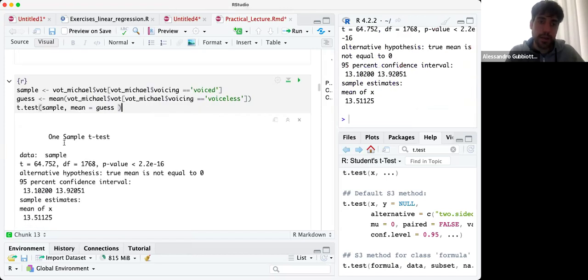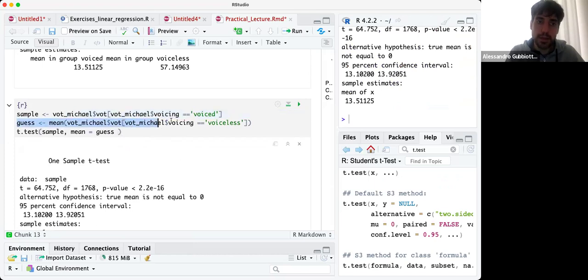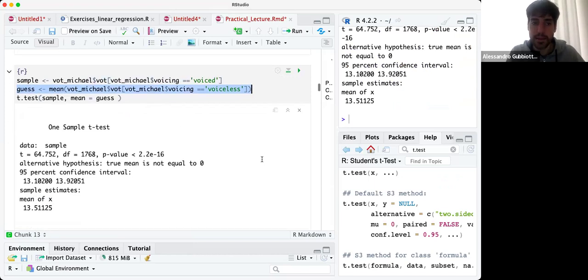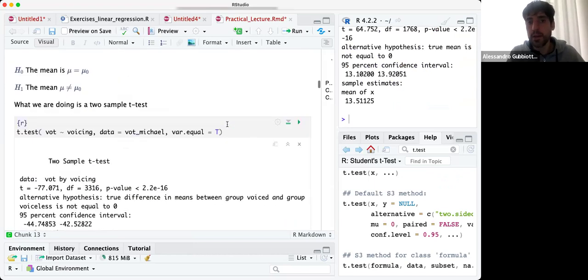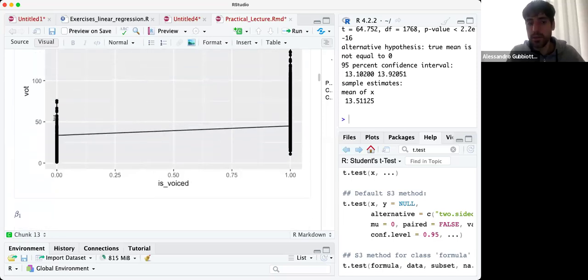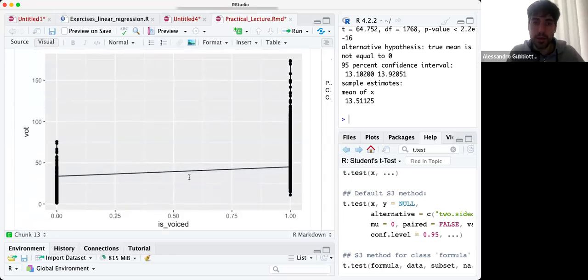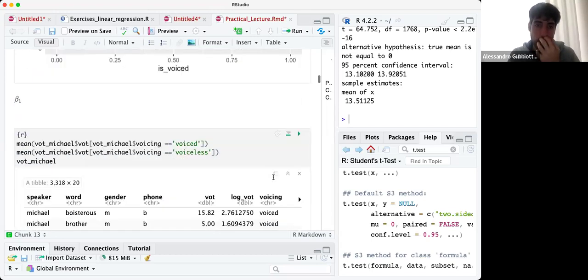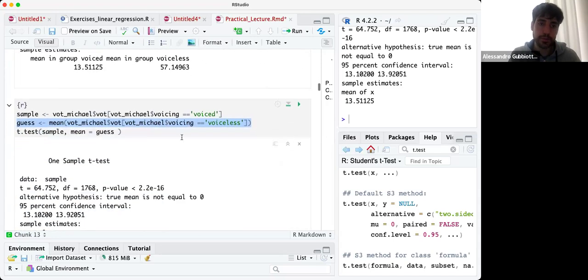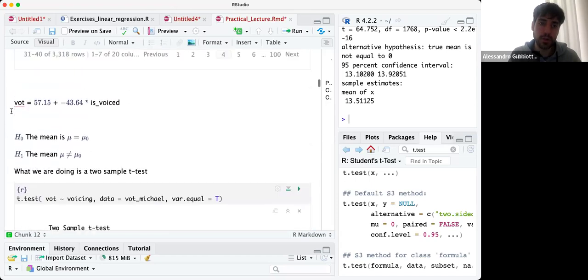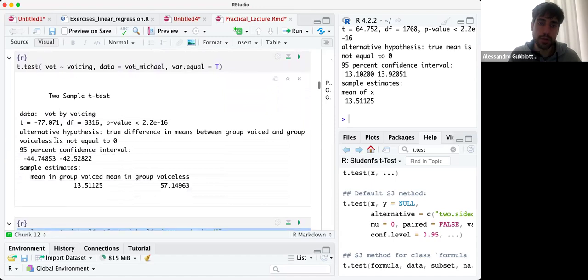If we knew that this guess were the true mean under hypothesis zero, this would be a one-sample t-test. But here we have two samples, so there is also a t-test where, instead of taking one sample and comparing the mean with a guess, you take two samples and compare their means. In this case it is much better to do that, since we are in the framework of a two-sample test.